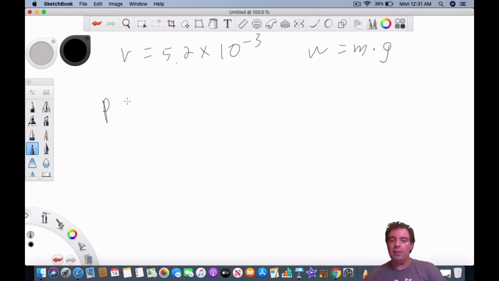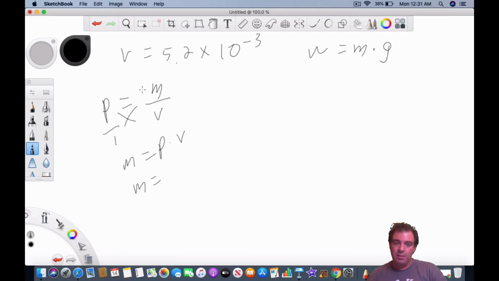We're going to use the density formula simply because we have the volume, and now we've got to find mass. As you know, rho, which is density, is mass over volume. When we cross multiply, we see that mass is rho, density, times volume.